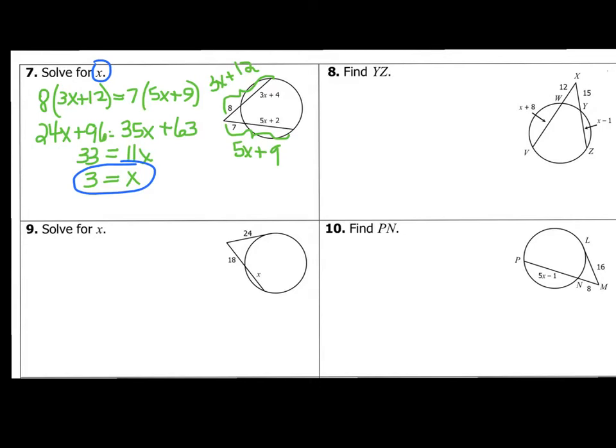Let me do one more over here. I know that this is going to be x plus 20, and this one over here is going to be x plus 14.